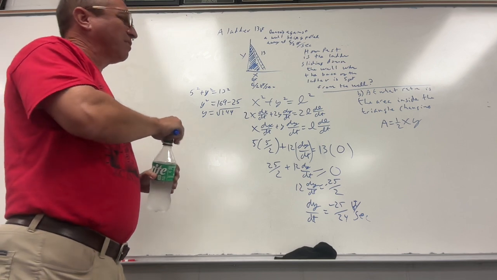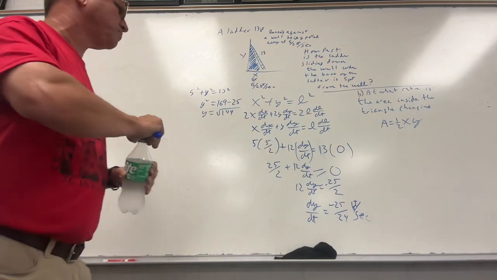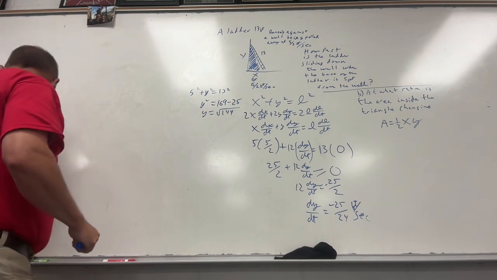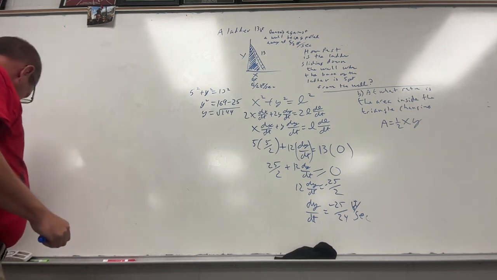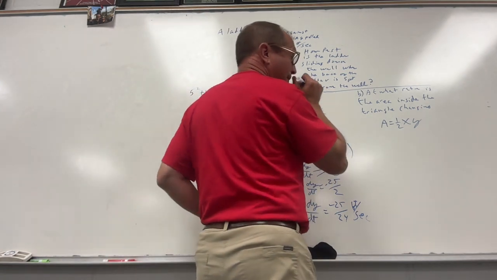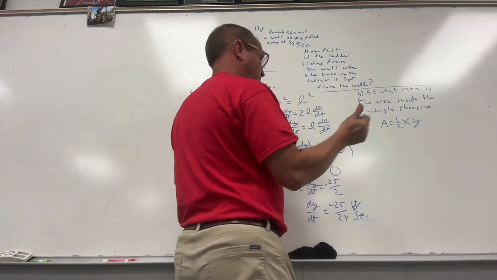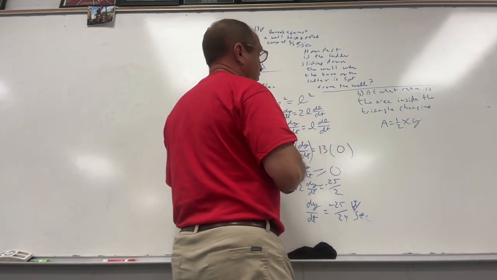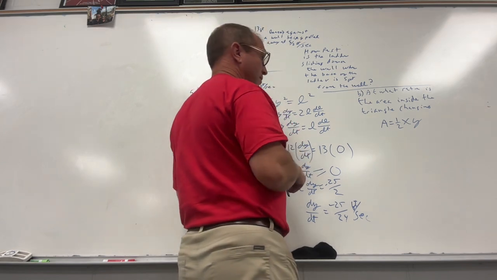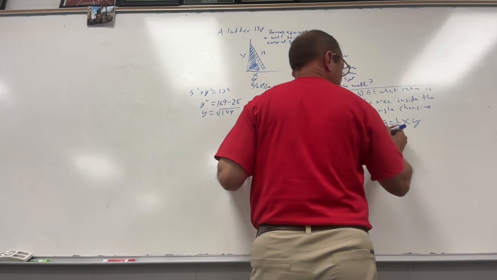Now, when we take this derivative in this problem, we're going to need to use the product rule. So, what am I going to get on the left-hand side? This is not the tough question. dA dt.